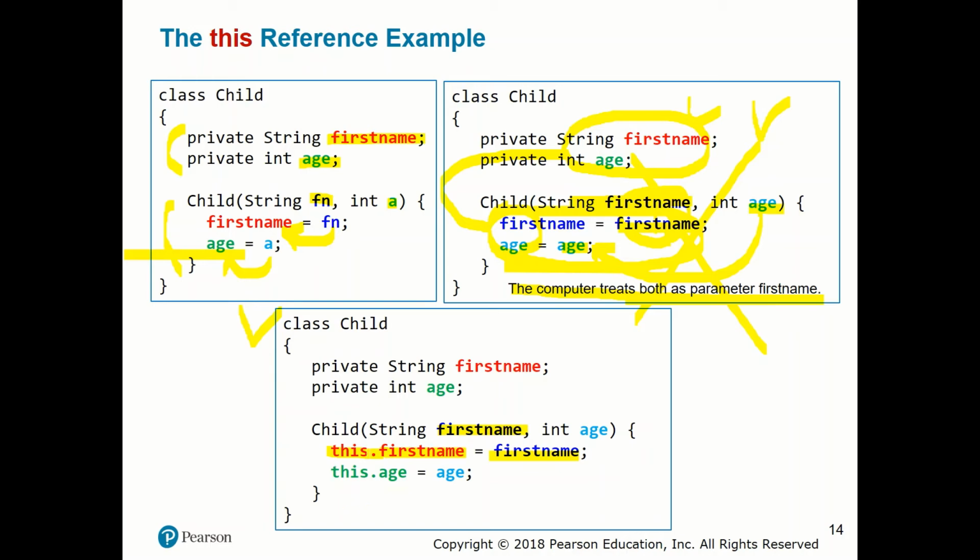Okay, this dot means inside the class, this one, the attribute of an object. This dot age also means the attribute of an object. So this age will be here. Okay, so this is very important. This is a very important example for using the this keyword.